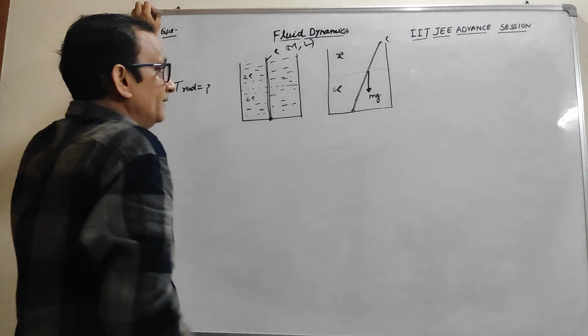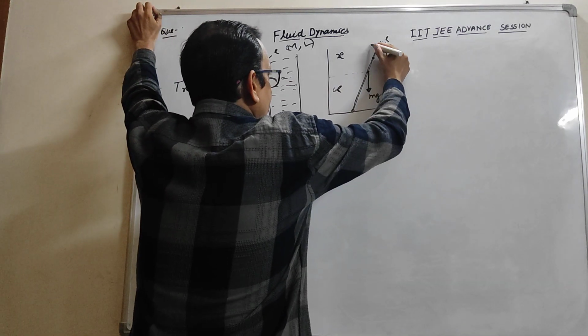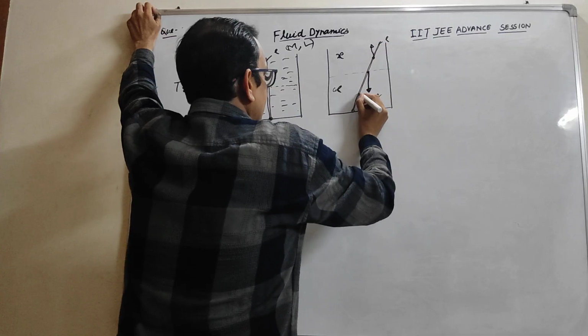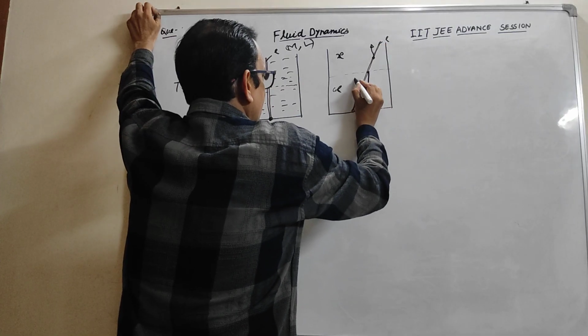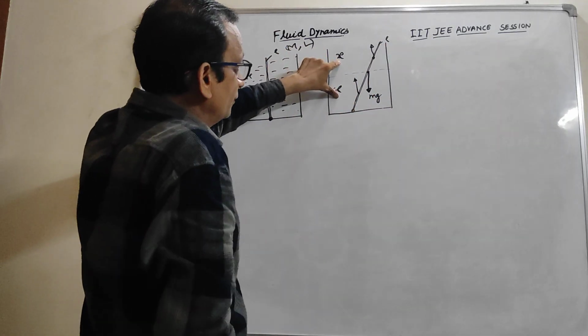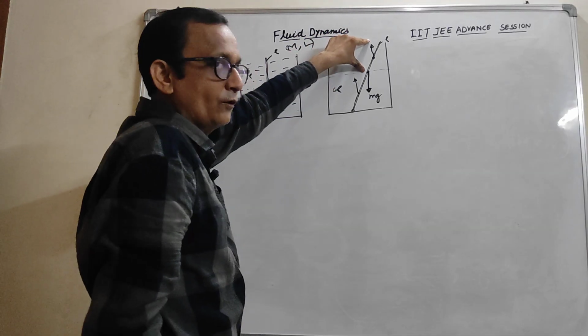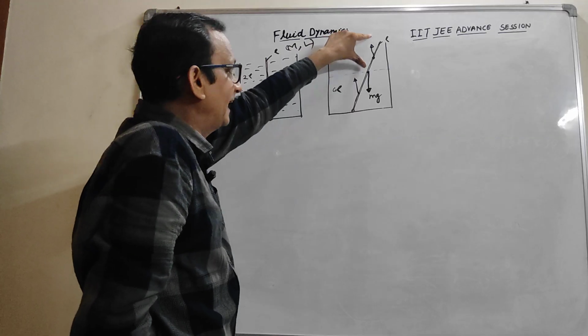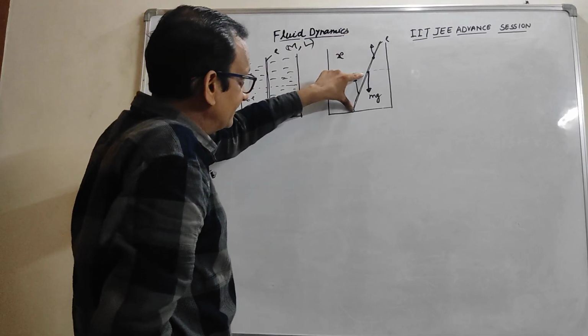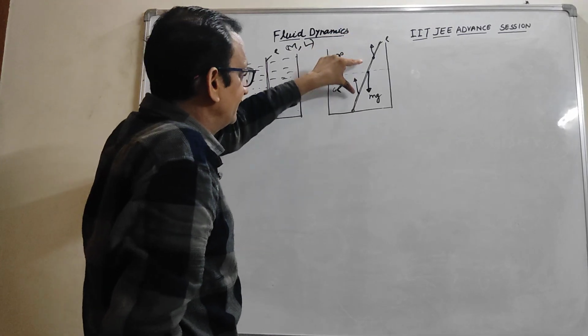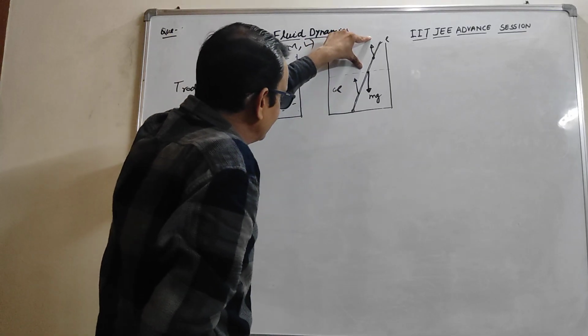And the other force is the buoyant force, and here there are two different liquids. The buoyant force acts at the centroid of the submerged segment. This segment is also submerged.